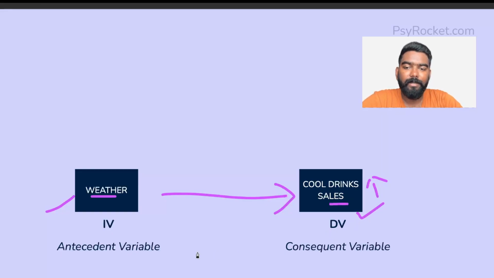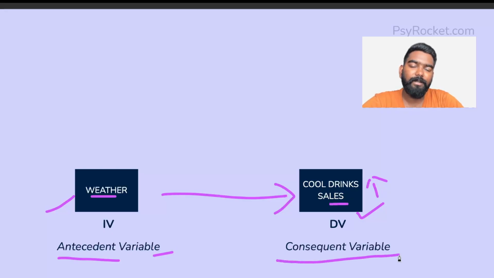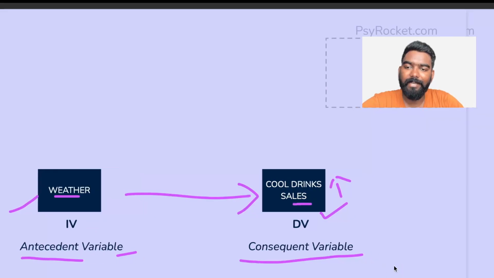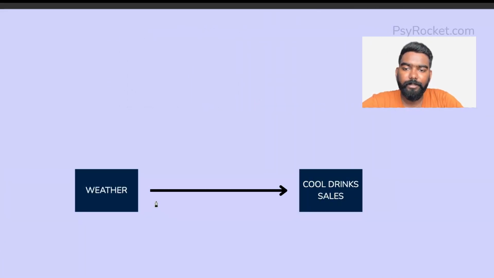Soft drink sales. But in moderation, mediation, and CPA, we actually call the independent variable the antecedent variable and the dependent variable the consequent variable. Remember those terms for now. But for simplicity, we will refer to them as IV and DV. So we will see how weather will affect cool drink sales. It is very unlikely that cool drink sales will affect weather, right?